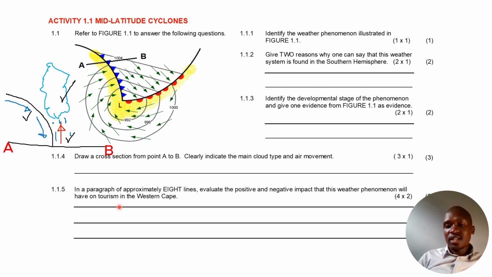Which will limit tourists, because when tourists come here, they want to see topography, they want to see landforms, right? So it will be very dangerous for tourists to visit areas when there are floods. When there are floods, certain areas will not be available because of the heavy rainfall, which will pose a danger to the tourists. Okay.